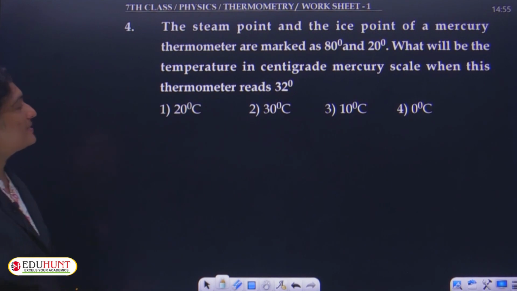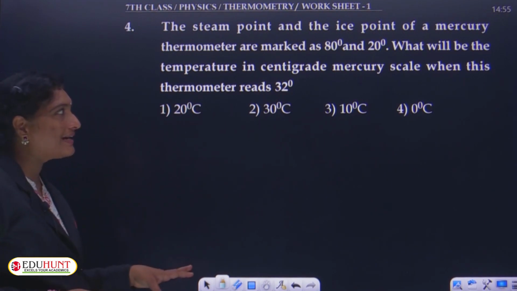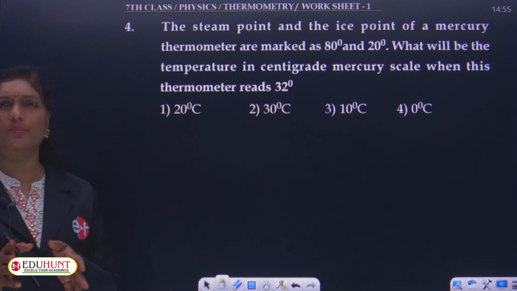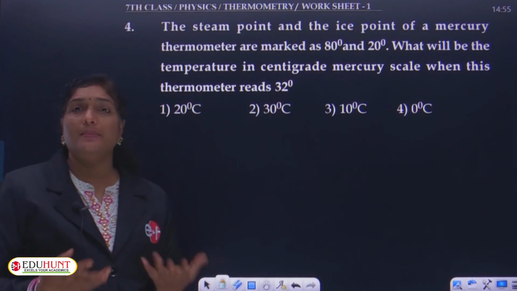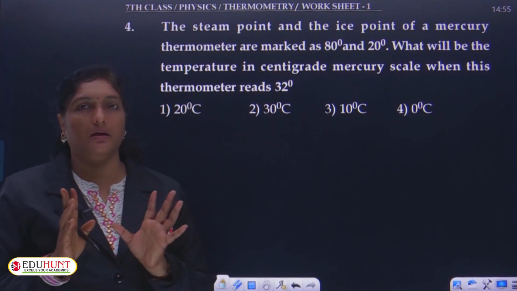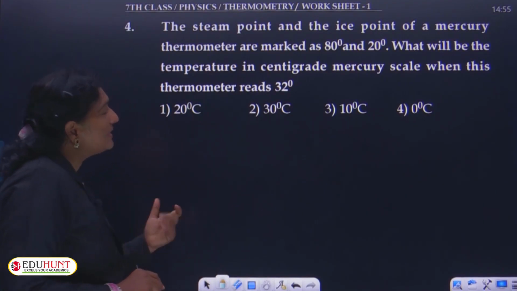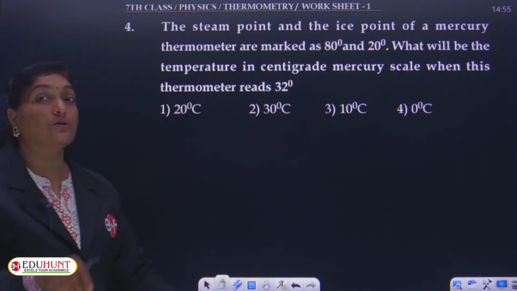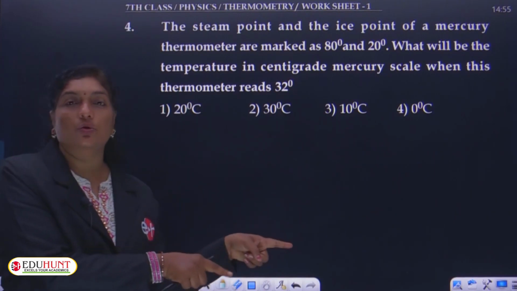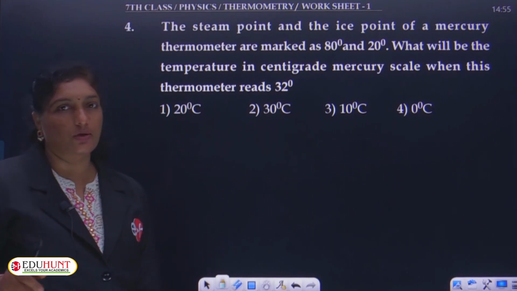Okay. Fourth one: the steam point and the ice point of a mercury thermometer are marked as 80 degrees and 20 degrees. Some thermometer they have given us, they didn't mention what type of scale, so let us understand this as some unknown scale. What will be the temperature in the centigrade mercury scale? You are asked to compare that unknown scale with the centigrade scale when this thermometer reads 32 degrees.